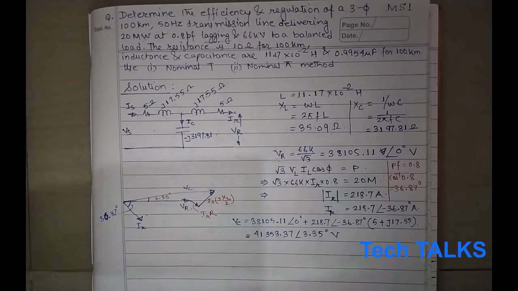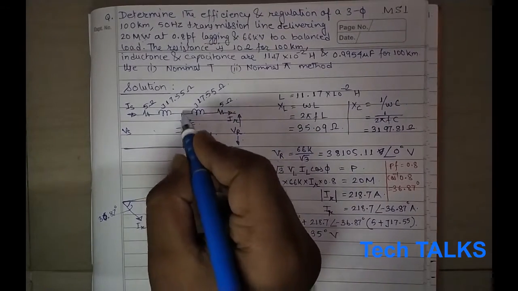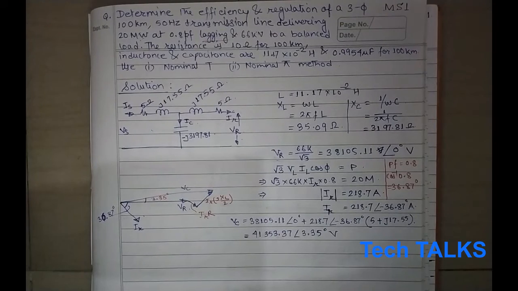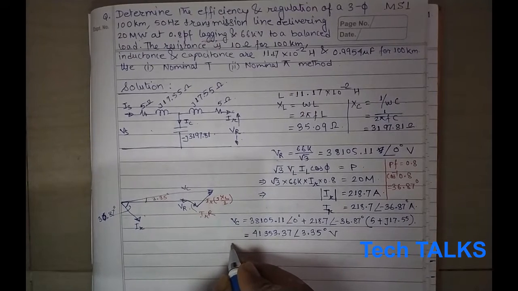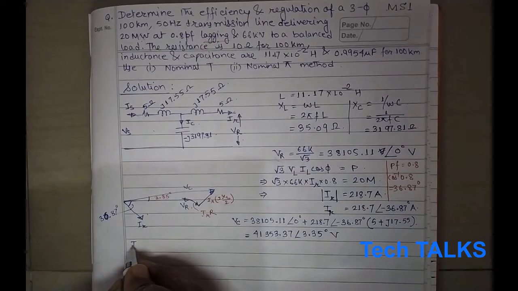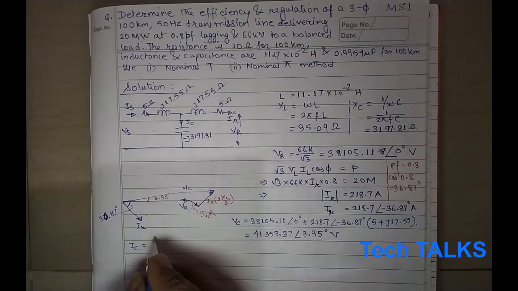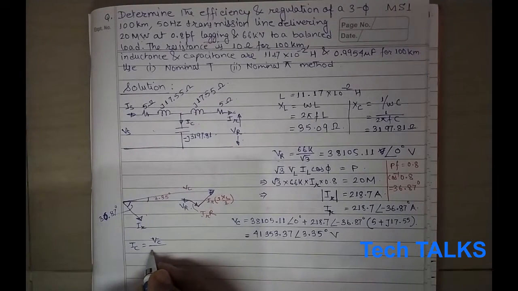Okay. Now moving to the next part. We have found out the voltage across this capacitor. Now we will find out what current is going through this capacitor. To find out the current IC, this is equal to VC by minus JXC.